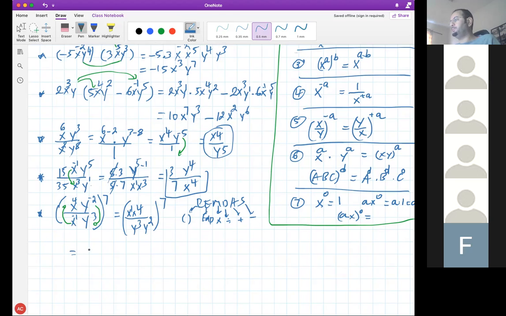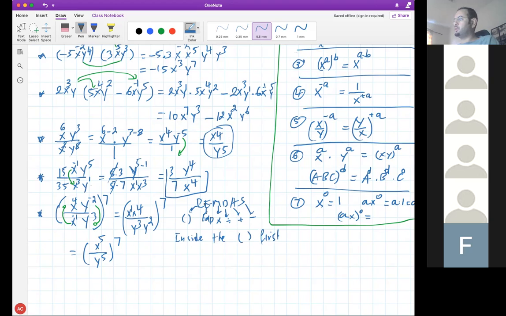So now it's easier to deal with these. What's x^1 times x^4? x^5, that's right. And then you have y^3 times y^2, which is y^5. That's good. So that's what we did inside the parentheses.